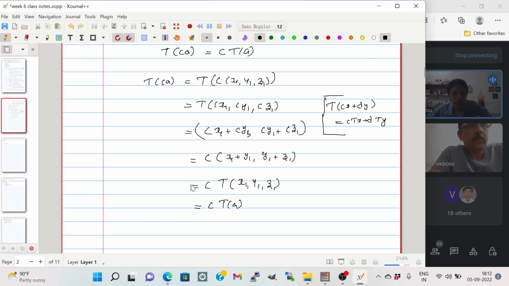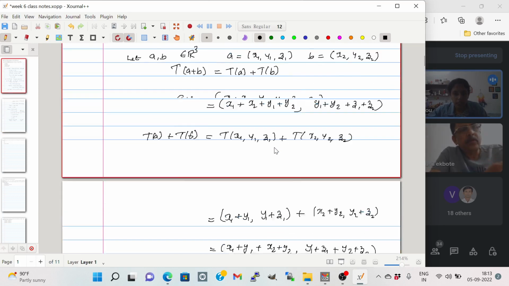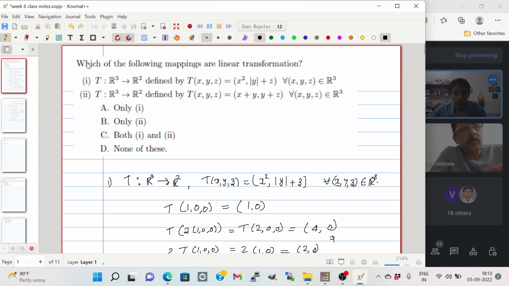That means T of A plus B equals T of A plus T of B, and T of CA equals C times T of A. Here A, B are vectors in R3 and C is a scalar in R. Whatever the field we are taking, here it is field.